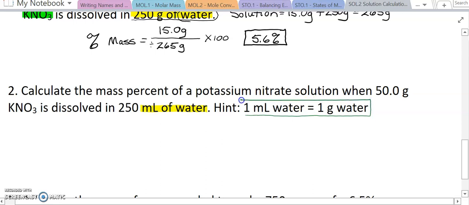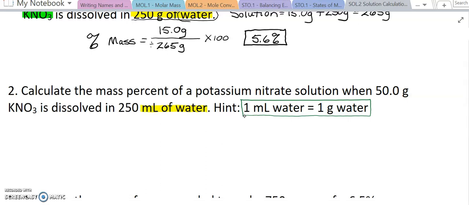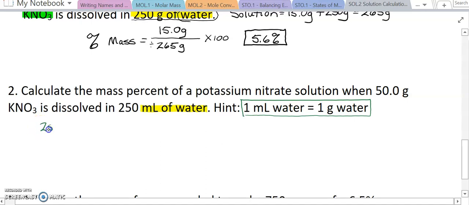My solute is not in milliliters, so I can't do a percent by volume. So I have a conversion, and this is not a hard conversion. I know that 250 milliliters of water, where 1 milliliter is equal to 1 gram, means that I really have 250 grams of water.